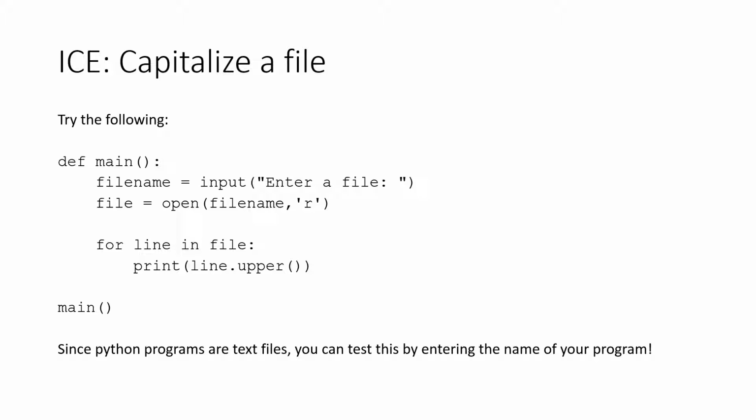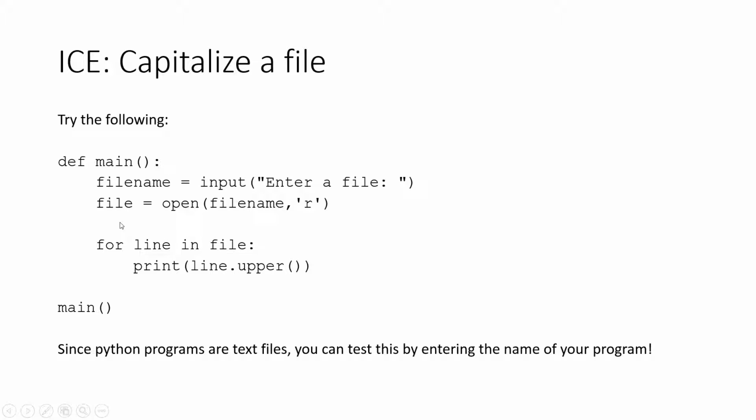Now, for a quick example of how this works, you can try this program. In this case, we're simply defining a main function, and we are asking for a file name on the command prompt. We store that in the variable file name, and then we open the file with read only.